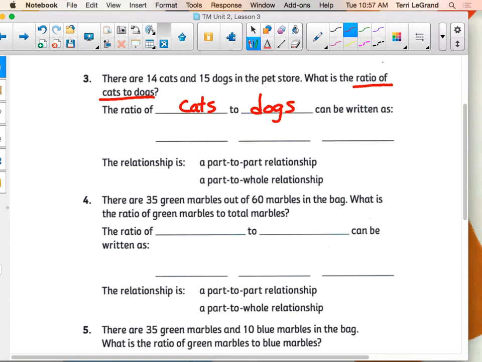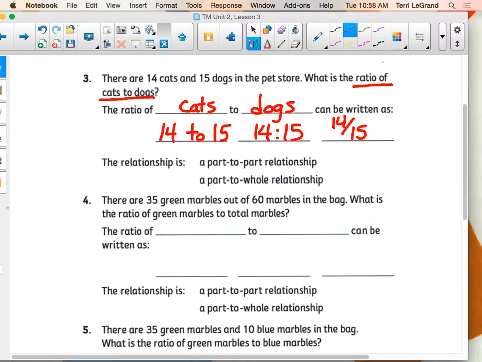What does that ratio look like? 14 to 15. 14 colon 15, while we read that, we don't say 14 colon 15, we're still reading it 14 to 15. And then we have 14 over 15, and again, we don't read that 14 over 15, we read that 14 to 15. It's just another way to write it, another way to display it. Okay, what kind of relationship?